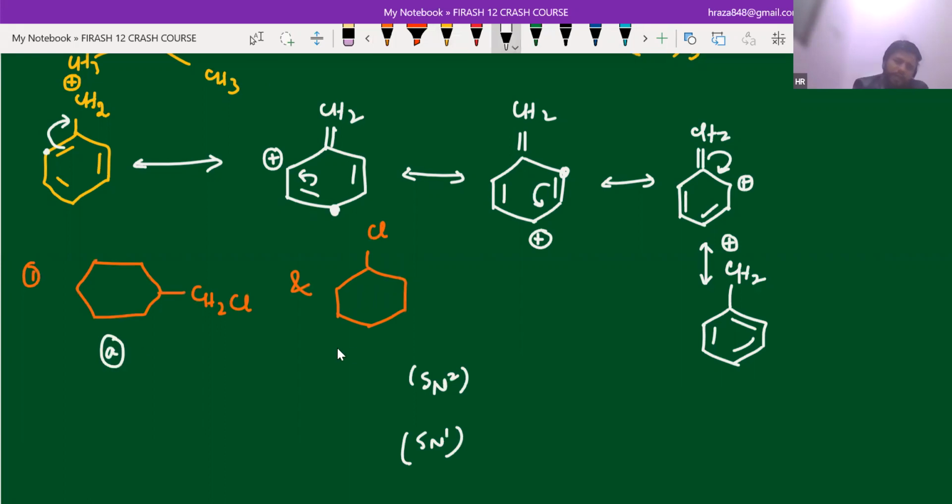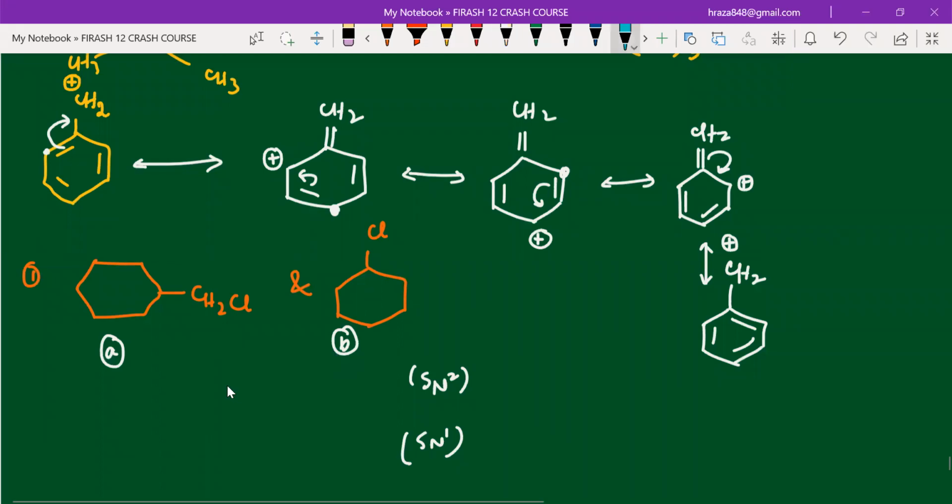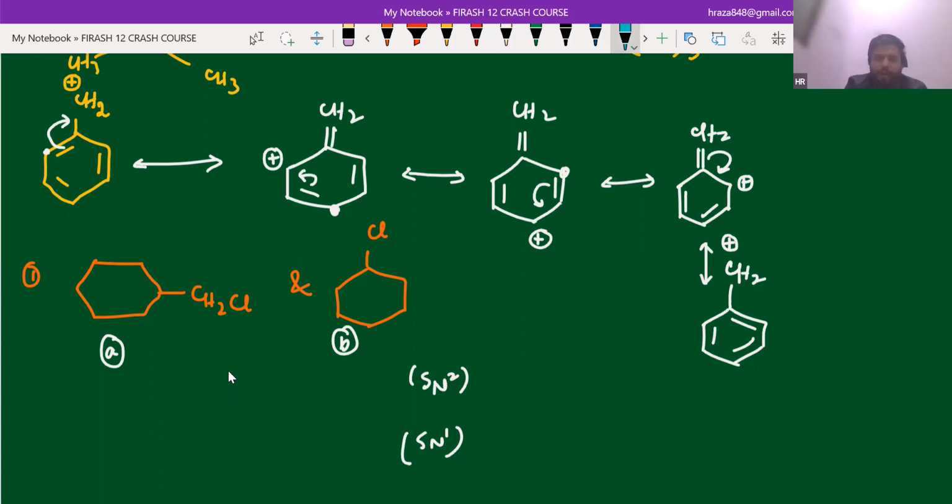This is your A, this is your B. Just let me know A or B. For SN2, which one is greater? A, because it is 1 degree and this is 2 degree. And for SN1, it is B greater, right?